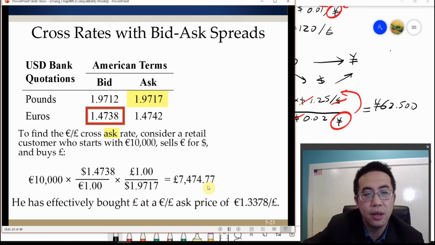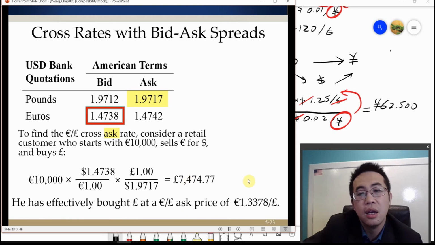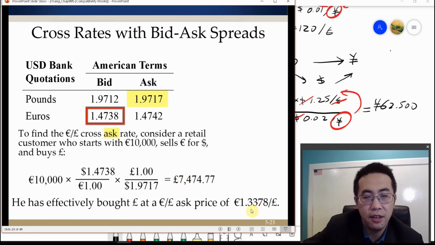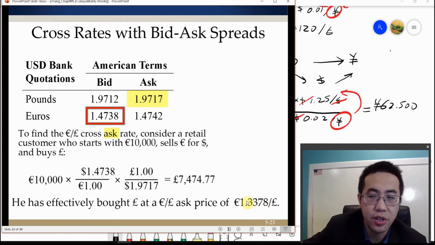Right here, 10,000 euros is going to give you 7,000 pounds plus. If you take the reciprocal of that, then it is going to be an effective 1.3378 euros per pound as the cross rate.